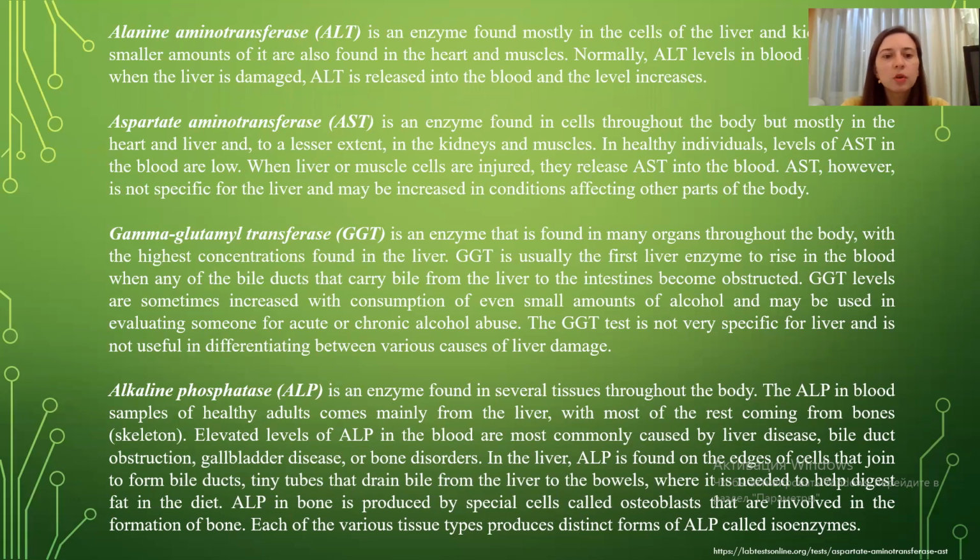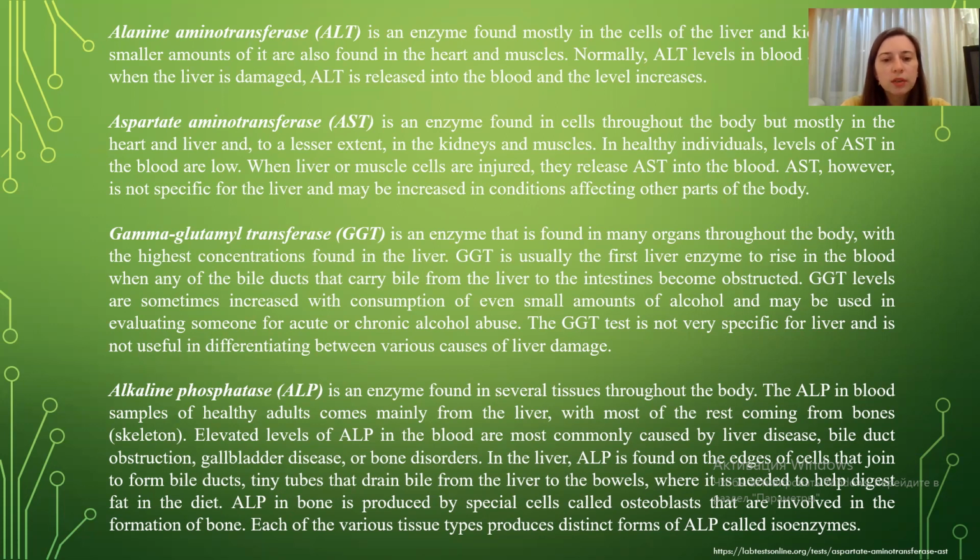GGT levels are sometimes increased with consumption of even small amount of alcohol and may be used in evaluating someone for acute or chronic alcohol abuse. The GGT test is not very specific for liver and is not useful in differentiating between various causes of liver damage.